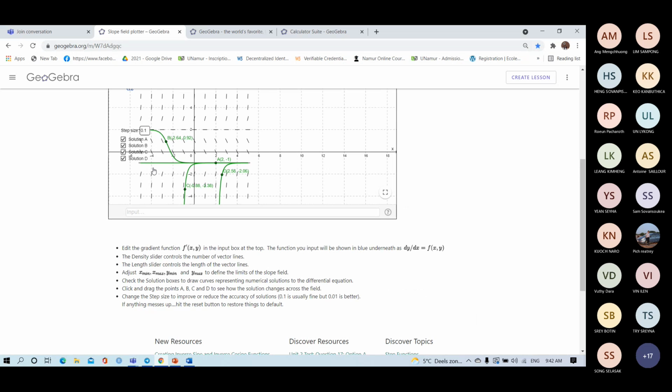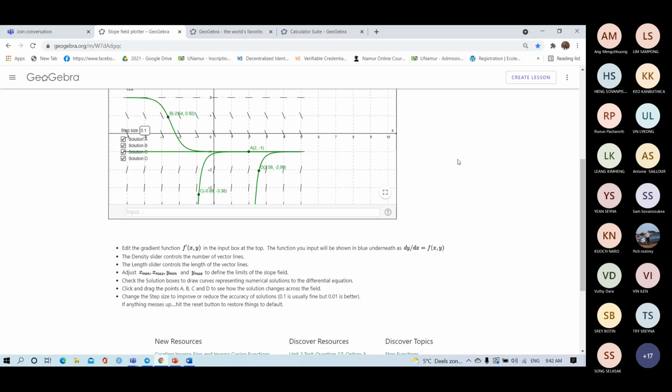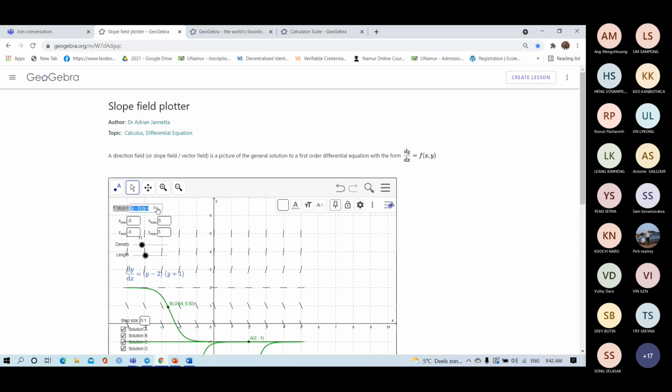I will try to draw here. Sorry. We have y squared minus y minus 2, and the other one is 1 minus y, sorry, power 2.